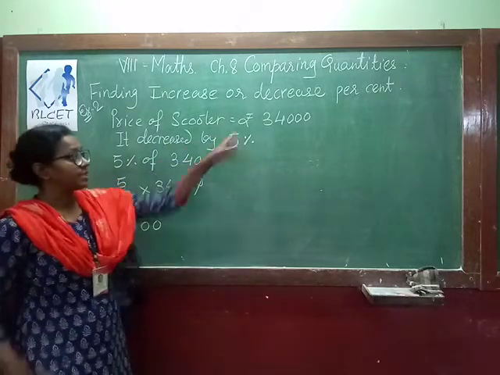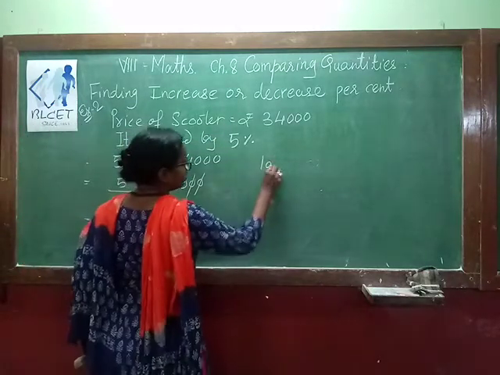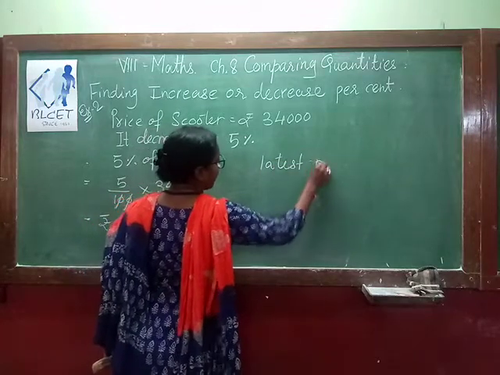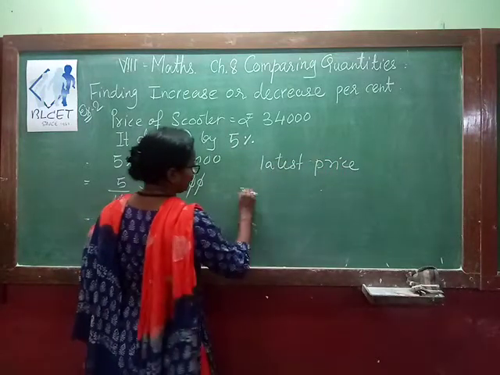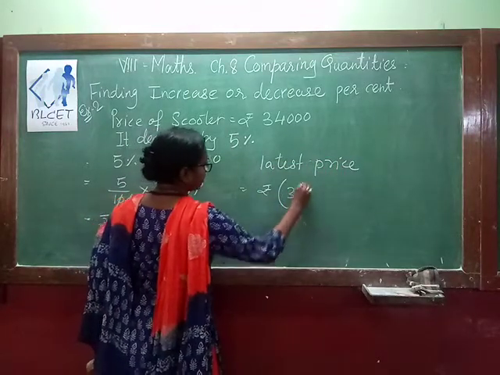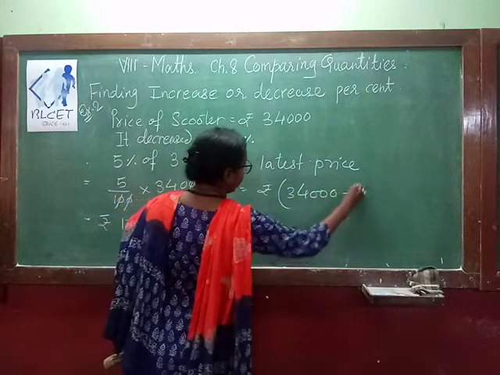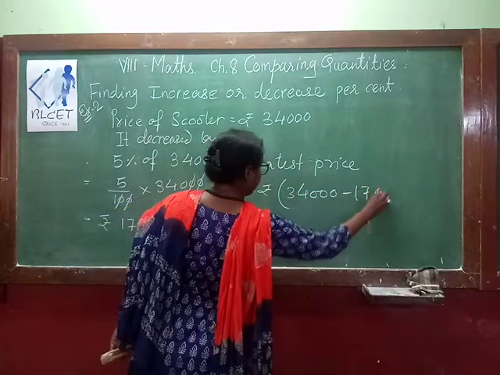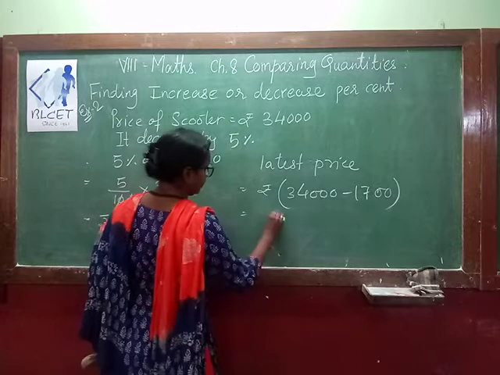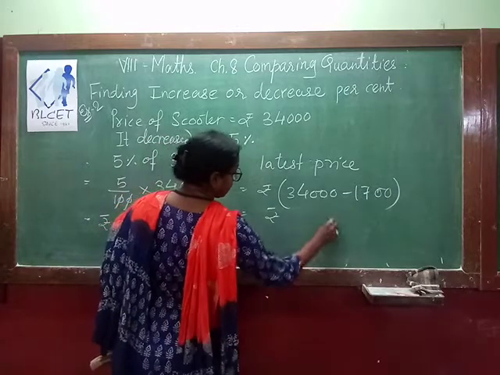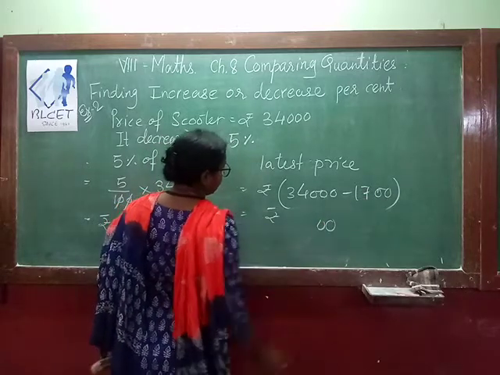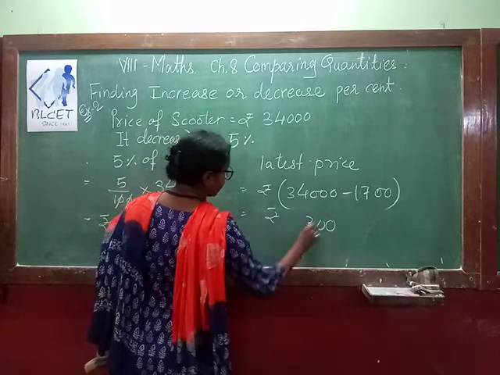Whatever the last price is there, the latest price is equal to rupees 34,000 minus 1,700. So what is the answer? 10 minus 7 is 3, 3 minus 1 is 2.